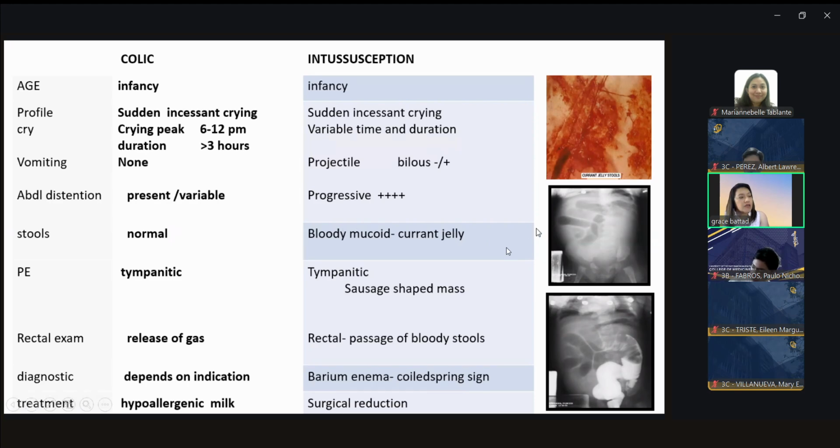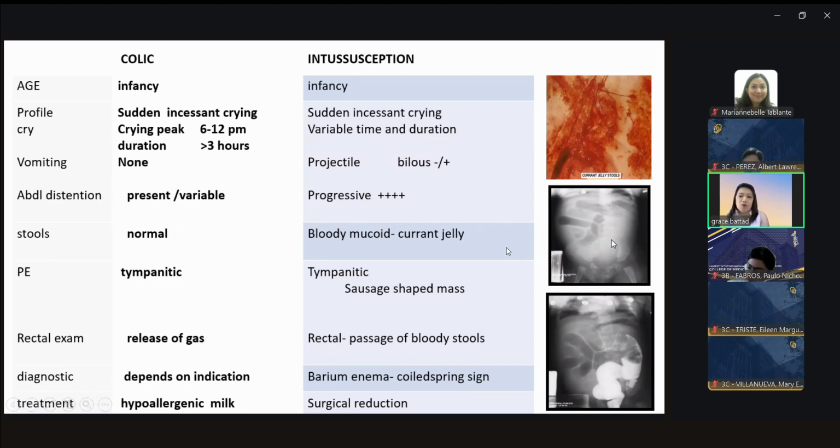Currant jelly, kung hindi, para siyang strawberry jam. And if you did your plain abdominal x-ray, there's going to be displacement of the segments. Most of the gassy segments are on one side of the abdomen, and you don't know what is happening on this side of the abdomen.